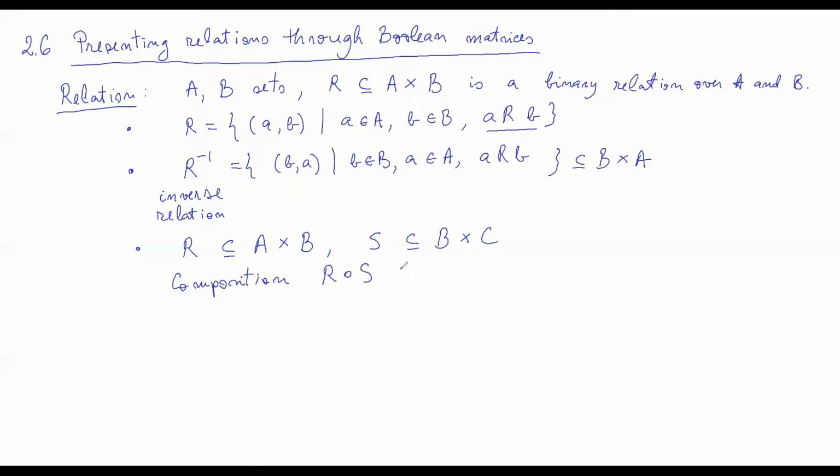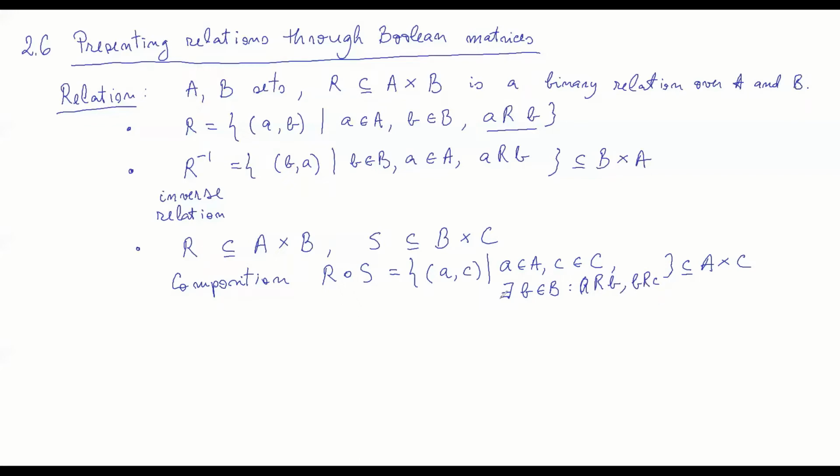So this is going to be a relation over A times C, and it consists of all the elements (a, c) with a in A and c in C in such a way that there is an element b in B with a R b and b S c.